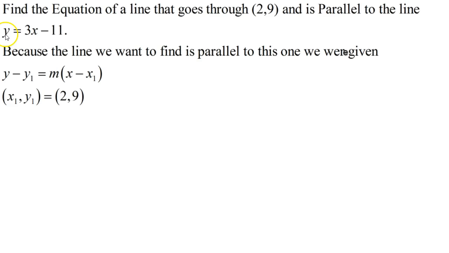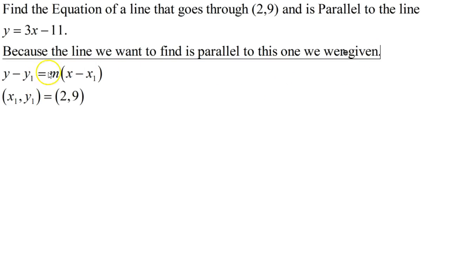In other words, here the y is isolated, so we know the slope m for this particular line is 3. It is the number accompanying the x. Now we want to find the equation of another line that is parallel to this one, and for that reason the slopes are the same.